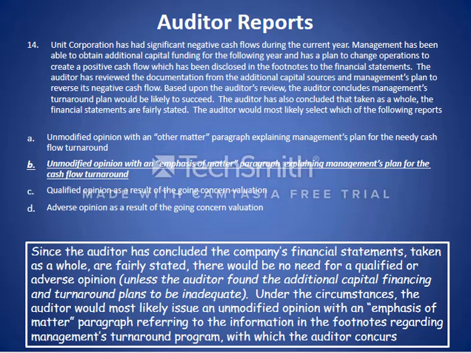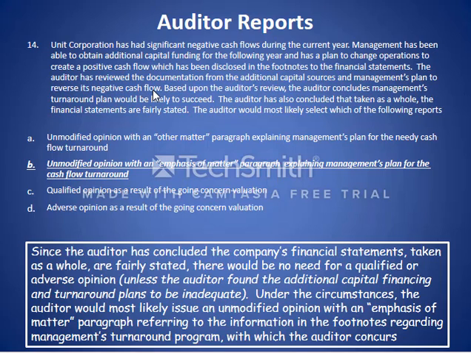Now, as I say here, since the auditor has concluded the company's financial statements, taken as a whole, are fairly stated, there would be no need for a qualified or adverse opinion unless the auditor found the additional capital financing and turnaround plans to be inadequate. That could be possible, but it doesn't say that in the question body.